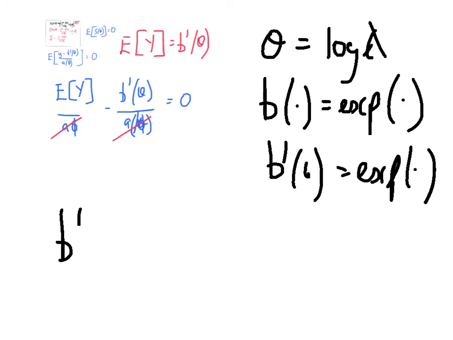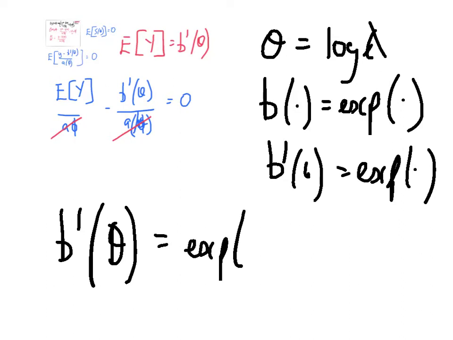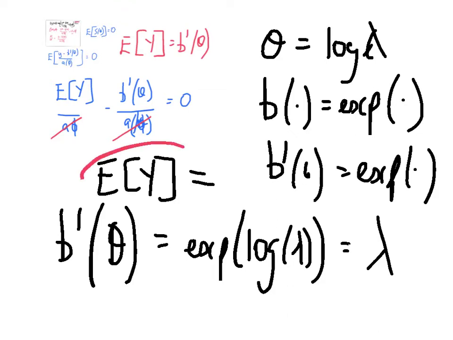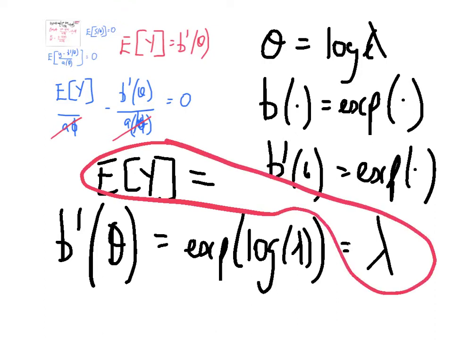So b prime of theta will be equal to exp of log lambda, which is lambda. So the expected value of y for a Poisson is equal to lambda, as we expect.